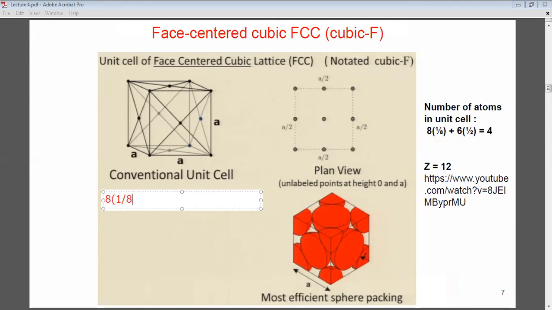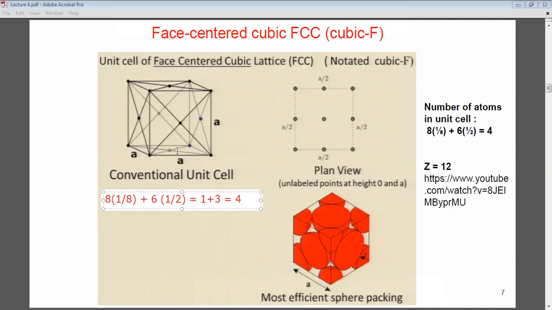Each one of them has 1/8 of the lattice point, and there are 6 sides, but not all the lattice points on the 6 sides are inside the conventional unit cell. Only half of it. And this will give me 1 plus 3, which is equal to 4. So the number of atoms in the unit cell is 4.